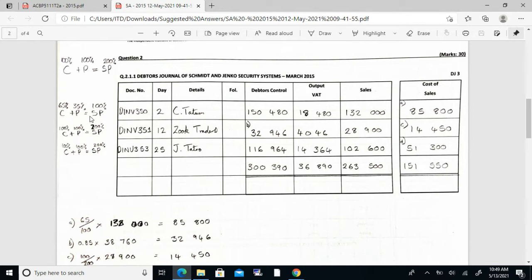Then the next one, trading inventory sold on 12 March returned. Since it was returned, that means it's the debtors allowance journal. Then cash sale of trading inventory.